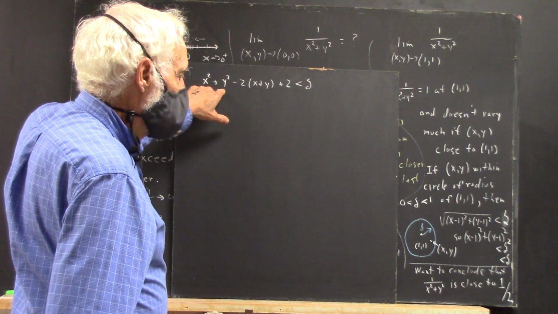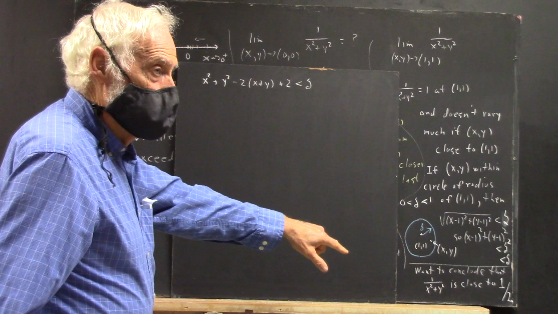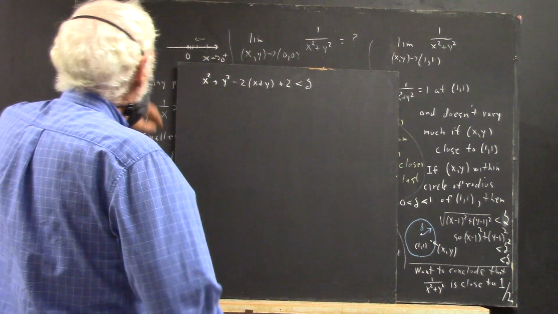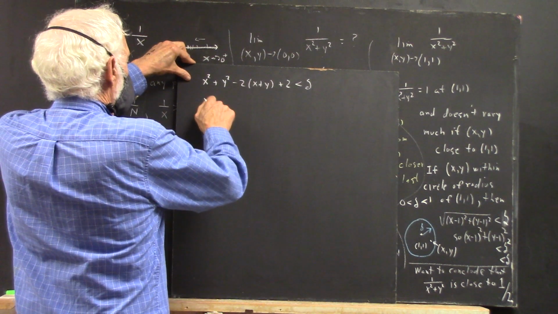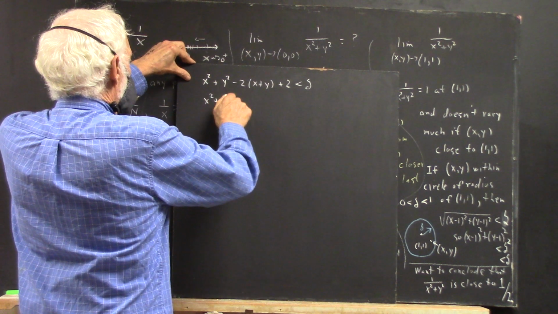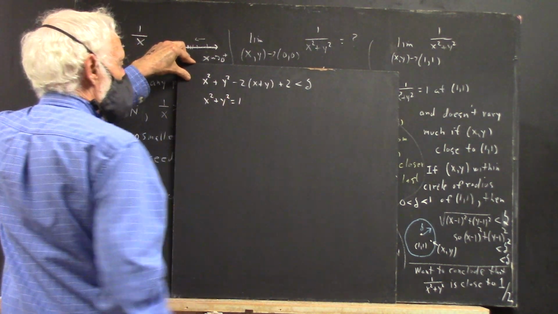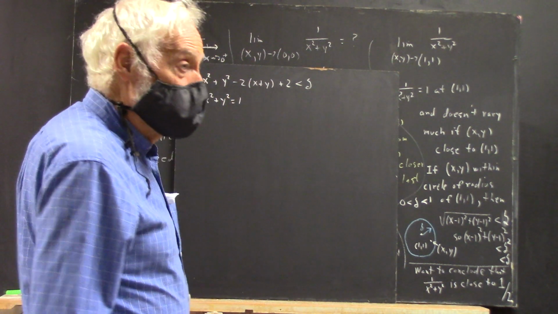Okay, x squared plus y squared is what we want. So x squared plus y squared is 1.